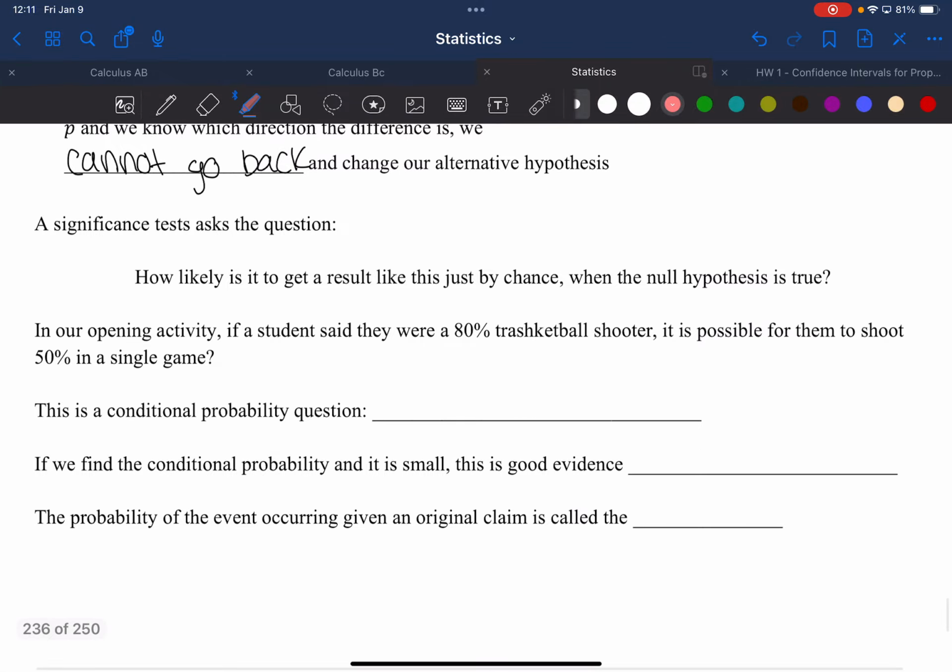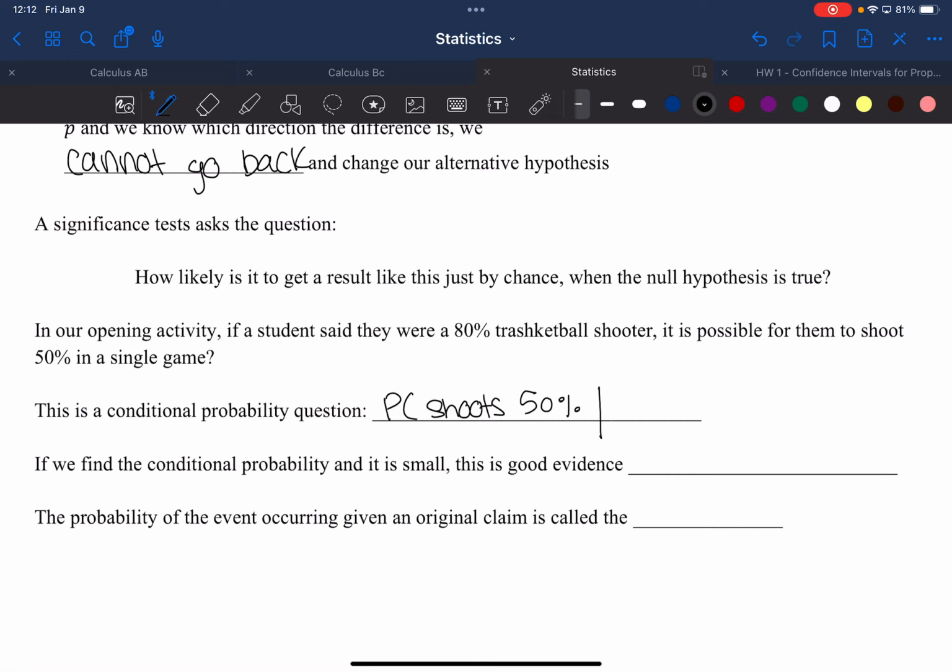So this is a conditional probability question. What's the probability of this happening given that this has already happened? We're going back to Unit 4 when we talked about probability. So we would write the probability that the person shoots 50% given they are an 80% shooter.